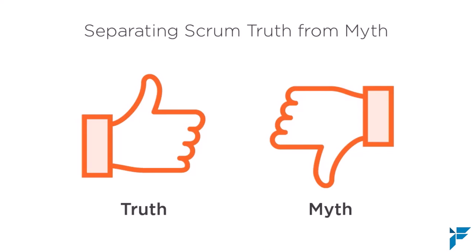Throughout this course, I'll share some common myths about Scrum so you'll know that they are myths, and so you'll know what the right answer is when you face these kinds of questions on a Scrum exam. Let me conclude this module now, and let's move on to the next module, distinguishing between Scrum Alliance and Scrum.org.